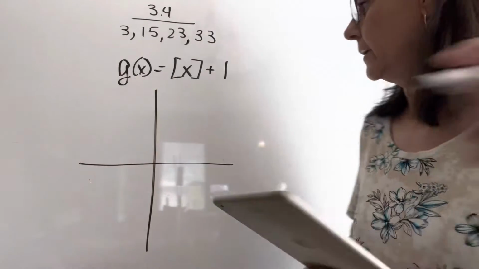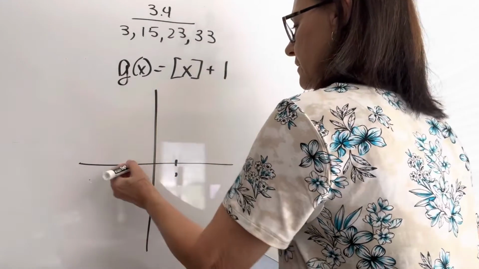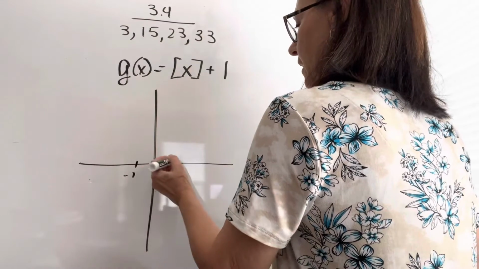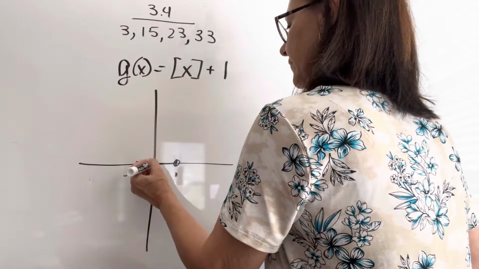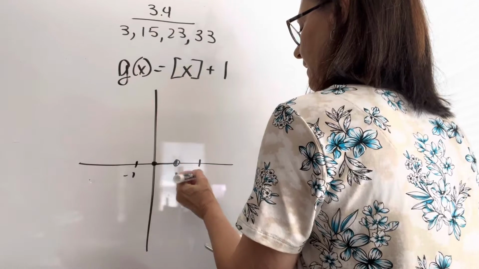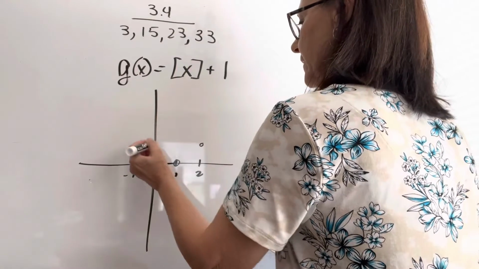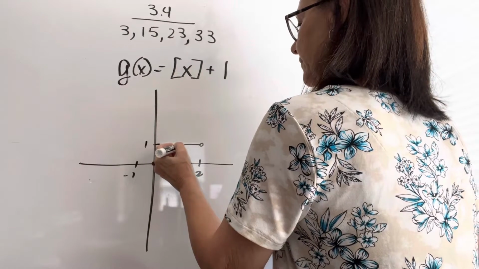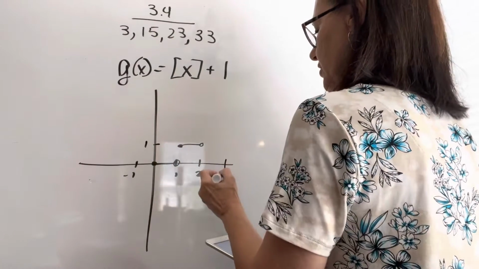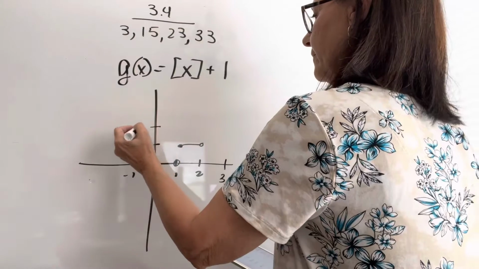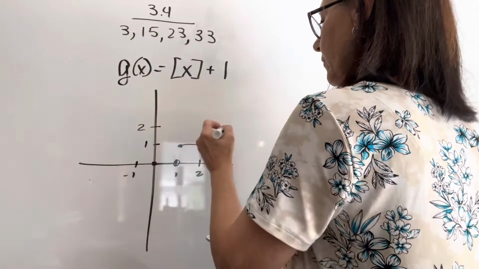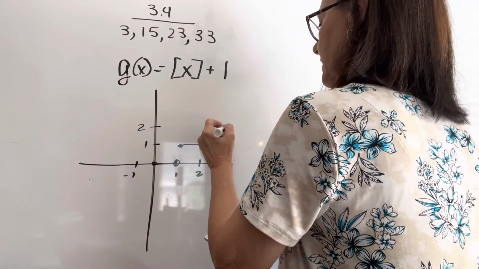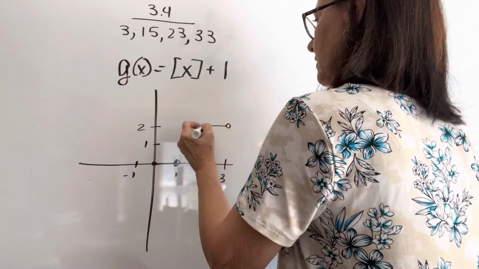So it's open here, closed there. Then at 2, it's open here. This is 1 for the y-axis. And then closed here. We'll just do 3 of them. Remember, we're rounding down with the greatest integer function.